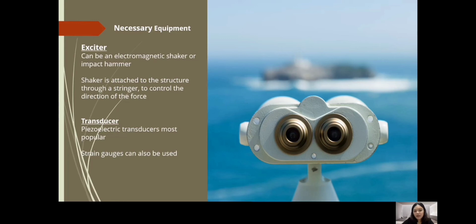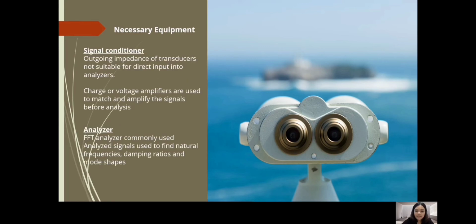The next equipment is the transducer. Piezoelectric transducers are most popular in this testing. Strain gauges can also be used. Next, we have the signal conditioner. The output impedance of transducers is not suitable for direct input into analyzers.